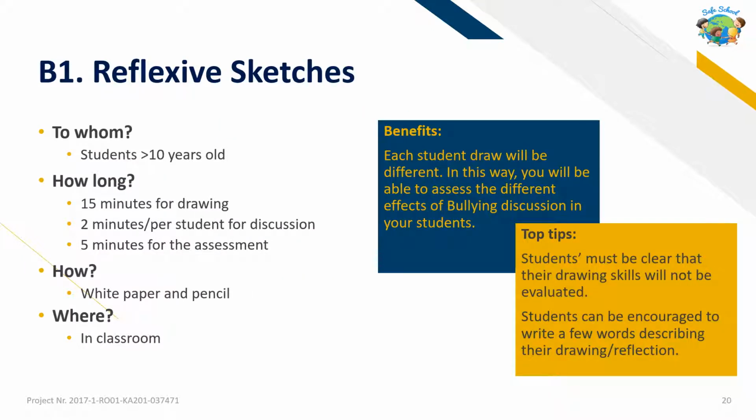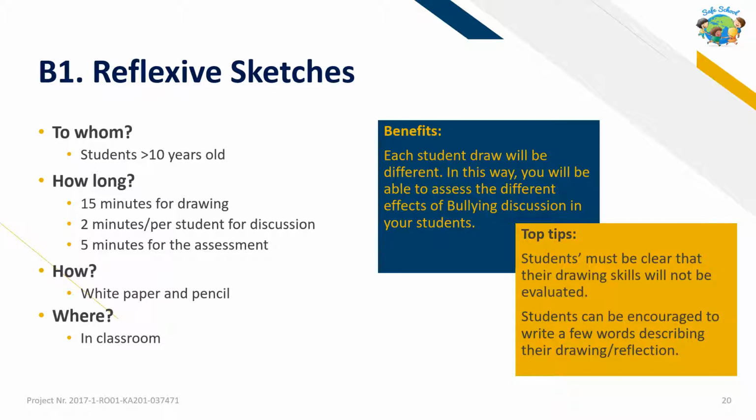Reflection activity number 1. Reflexive sketches. The objective of reflexive sketches is putting students in touch with their own individual, constructed perspective about what they have seen, learned, or discussed. This activity is best used with students over 10 years old, since it requires the capacity to express feelings through drawing.